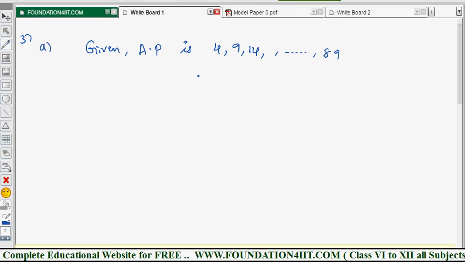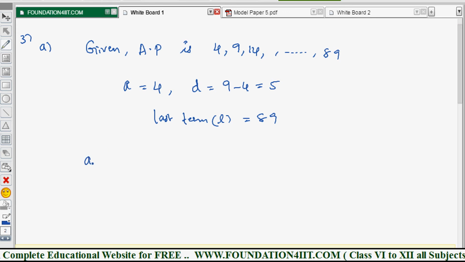From this series we can find the first term and common difference. The first term a is 4, and the common difference d is the second term minus the first term, so 9 minus 4, that is 5. The last term L is 89. These are the given data. We need to find the value of n before solving.